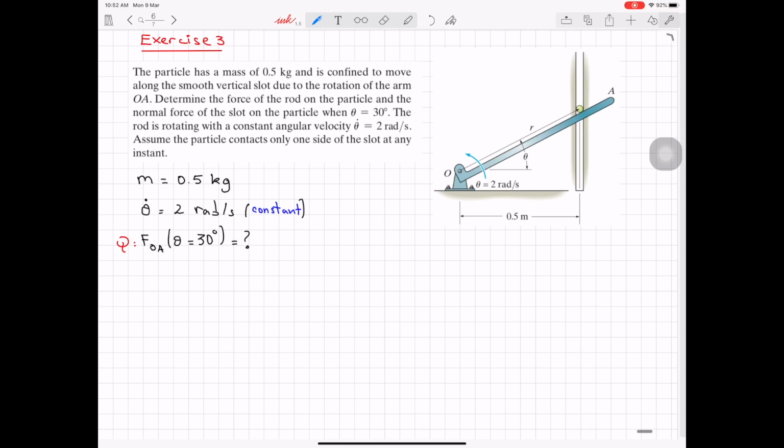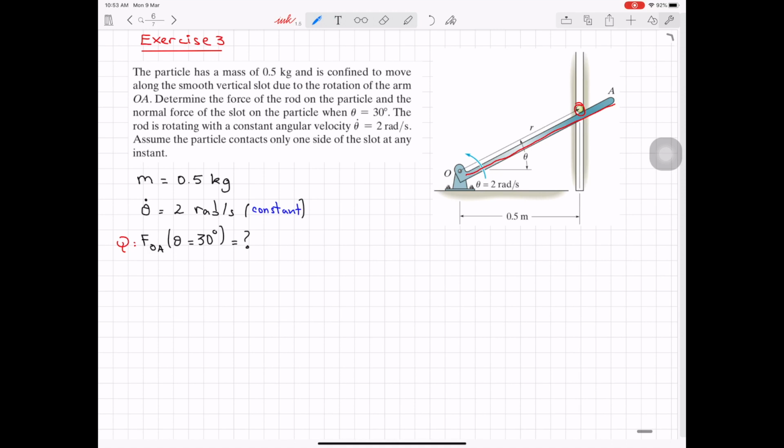So what we have here is a mass of 2 kilograms, and this mass is being pushed up by the arm OA so that the mass can go upward, but it is confined to move only in the vertical direction.